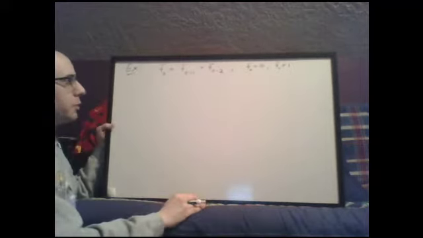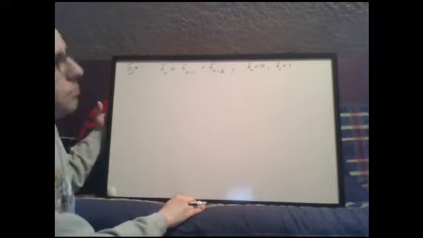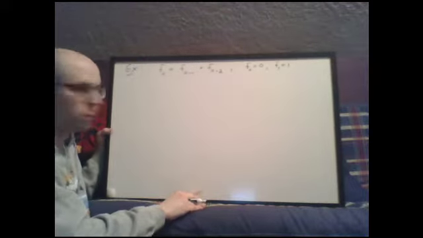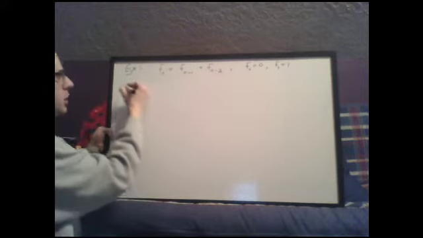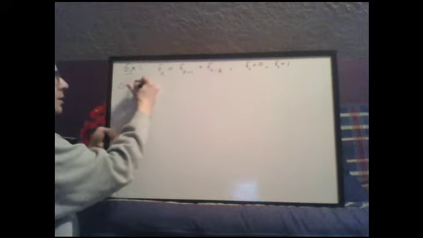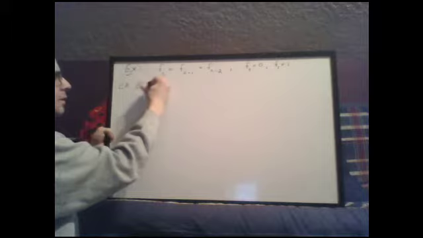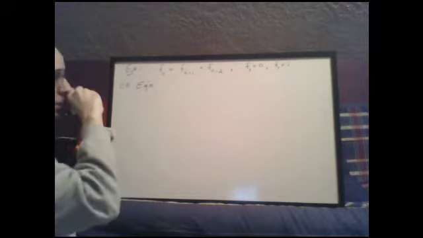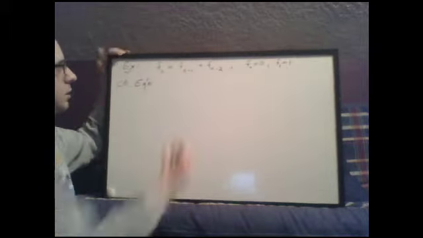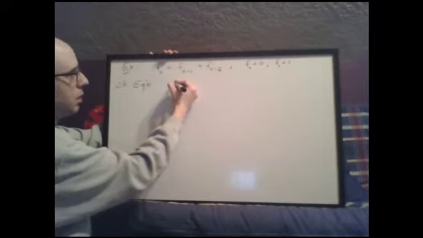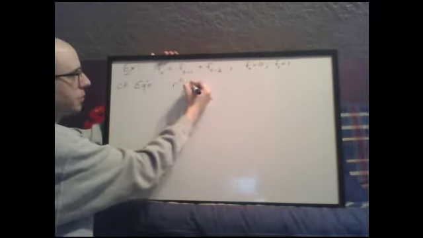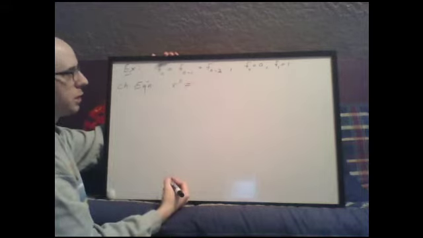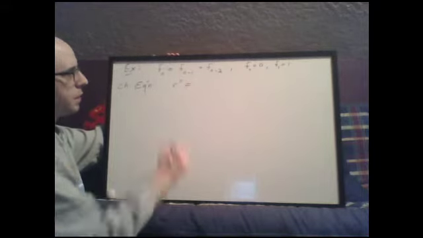If you'll recall from whenever you watched the first video, for me it was just a mere minutes ago, we want the characteristic equation. So, replace the sequence with exponentials.